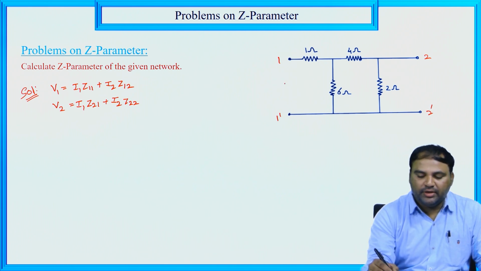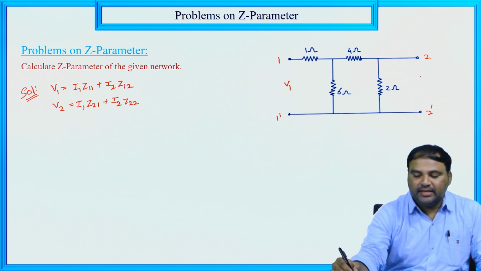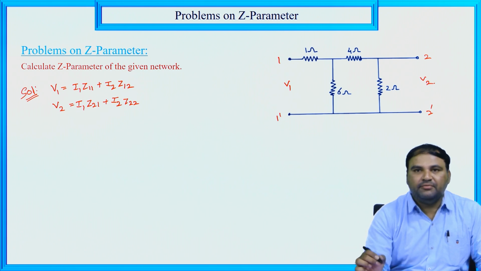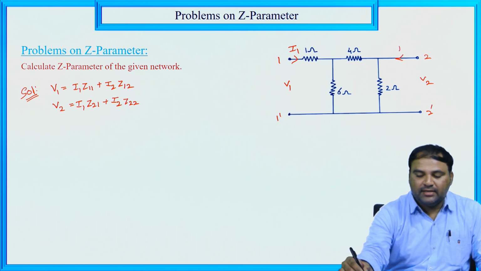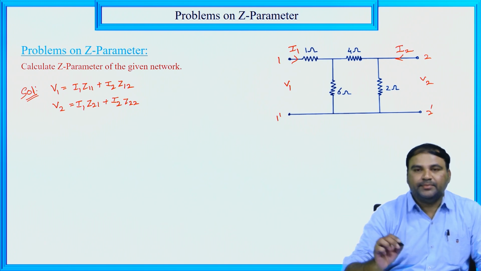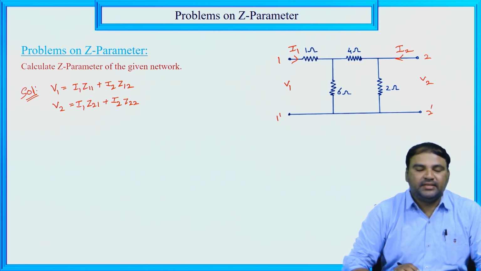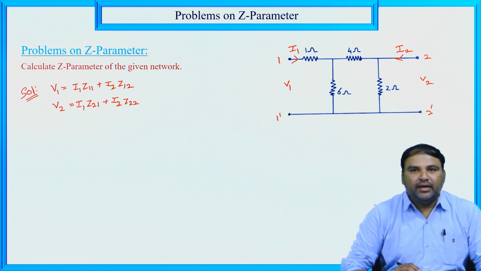The input voltage is V1, the output voltage is V2, the input current is I1 and the secondary current is I2.